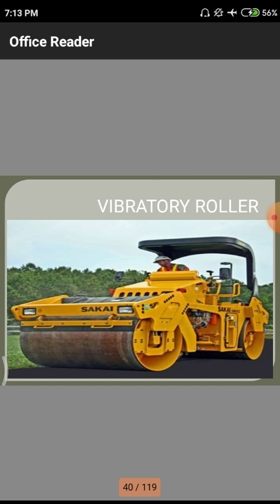This is the vibratory roller. Normally these vibratory rollers are mainly used in the construction of bitumen roads. That means tar roads. Normally we observe them on national highways and other major district roads. On other district roads we have a huge amount of transport, these tar roads and bitumen BT roads. In the BT roads we are using a glue material, that means the binding material is bitumen waste.